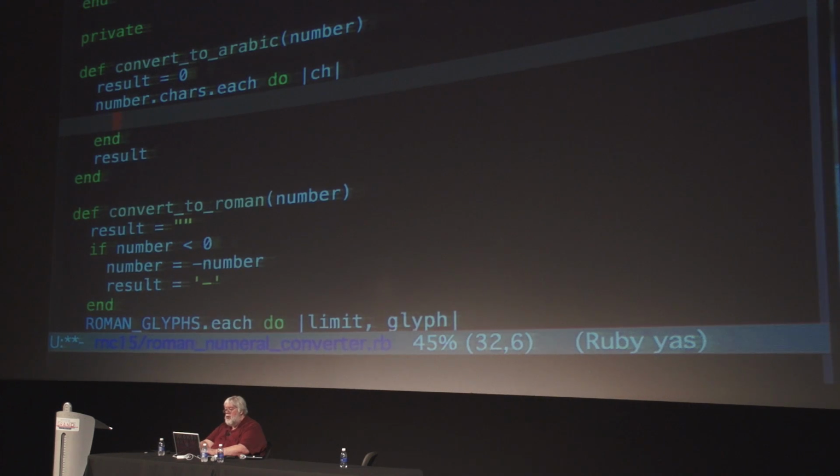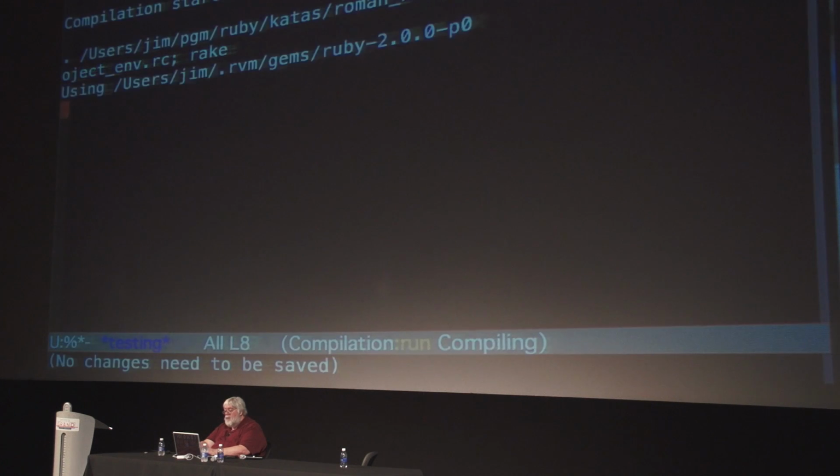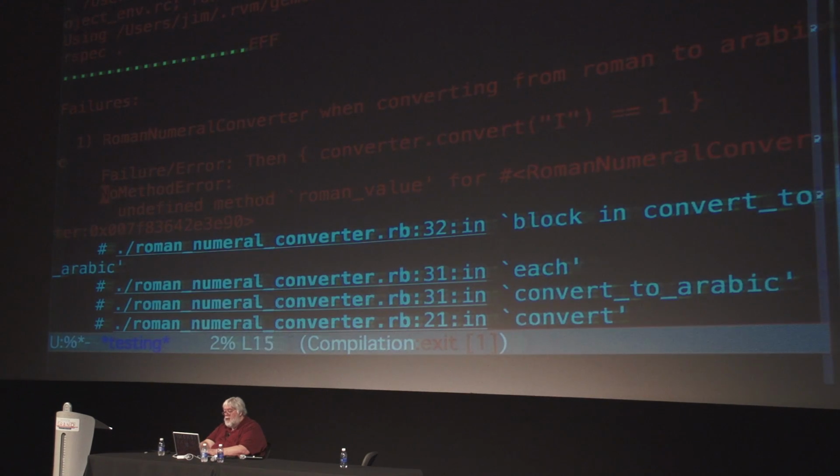And then in this loop, I'm going to take this character and find the Roman value for the character. I haven't written Roman value yet, but I just imagine I need a function called Roman value that adds the Roman value of that character to the result. That should be plus equals. And this will fail because Roman value isn't defined anywhere.